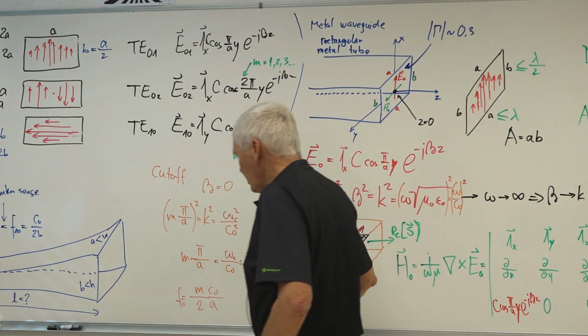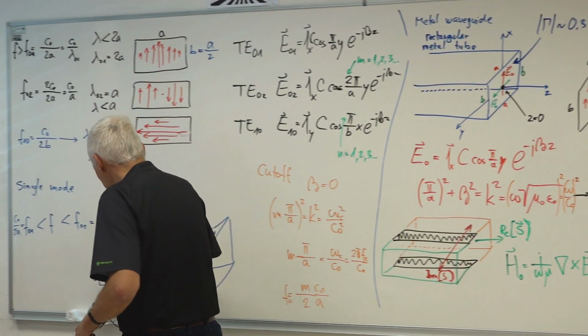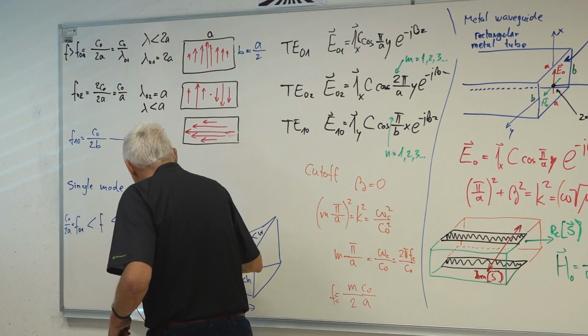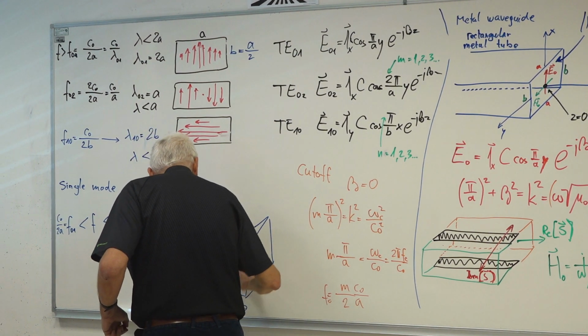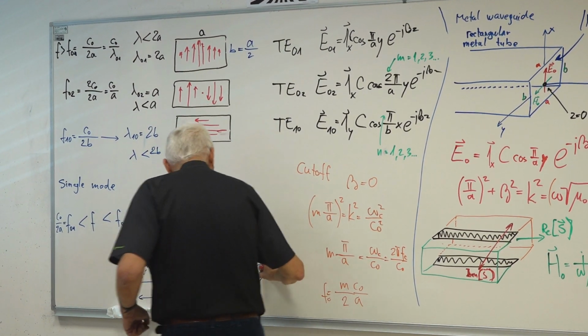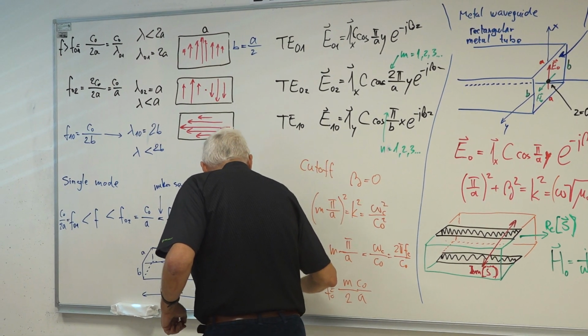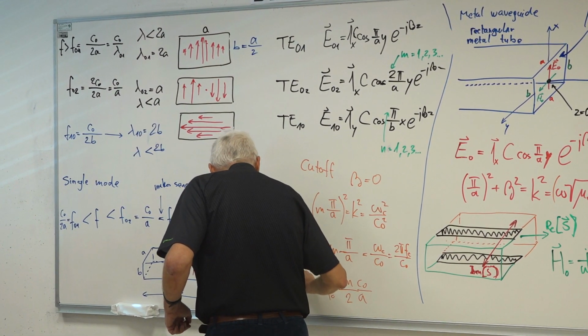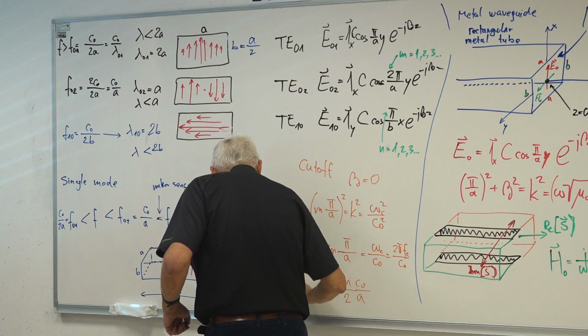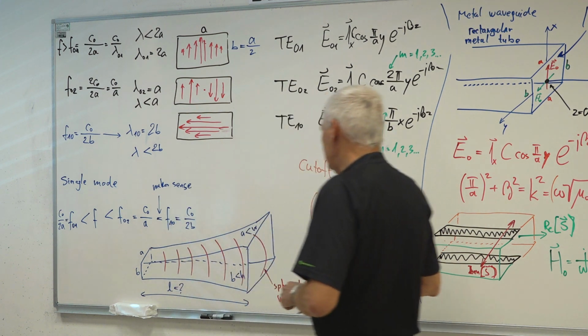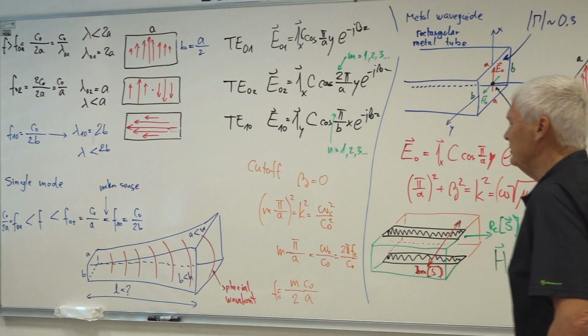The limit with such a horn is that inside the horn, the wavefronts are spherical. And we already dealt with this problem with the spherical wavefront.